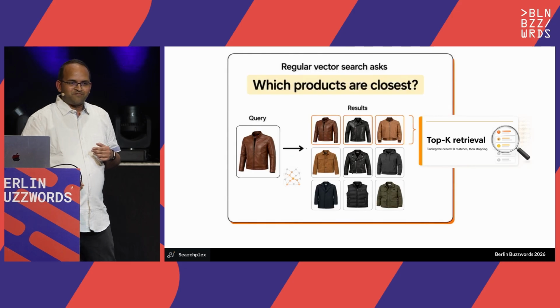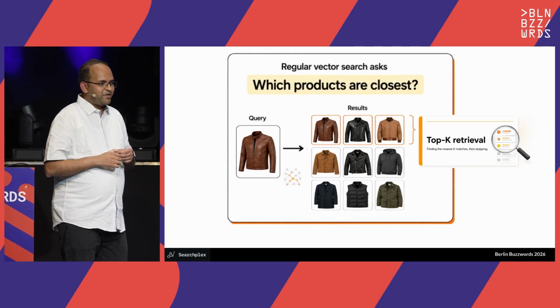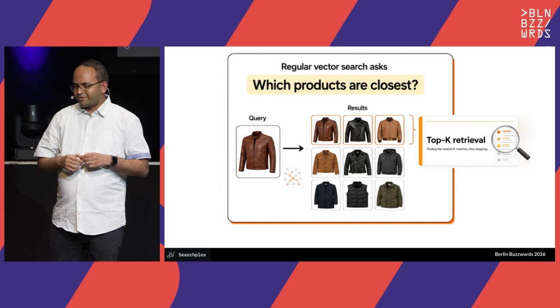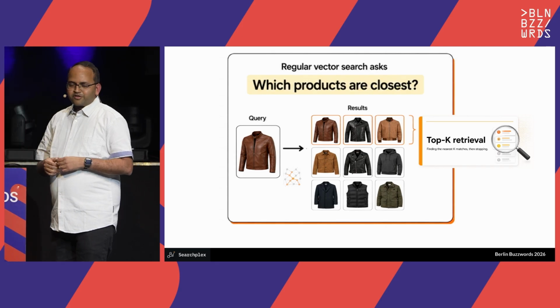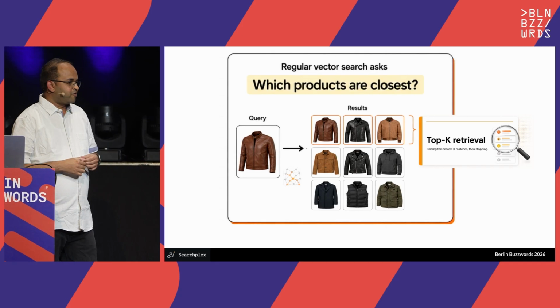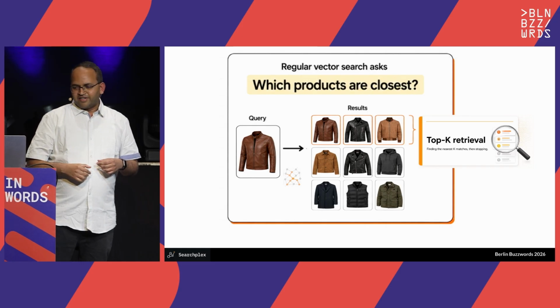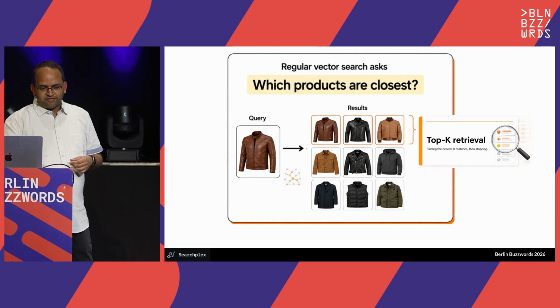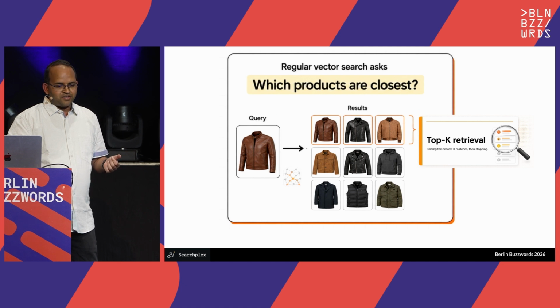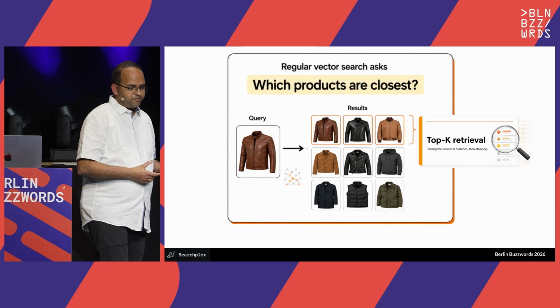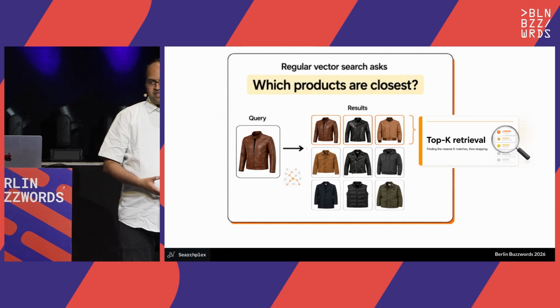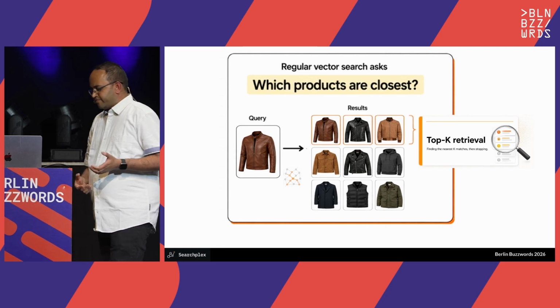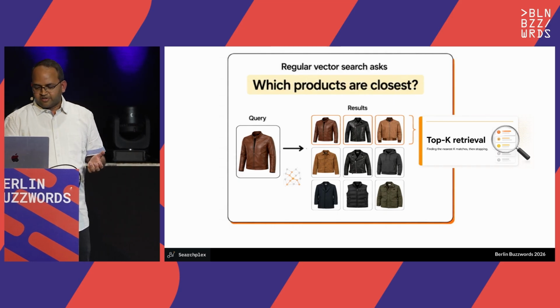Also, perhaps, at least this was my intuition when I started with it. I was like, this sounds like an image search, simple vector to vector cosine. And maybe if we want to do it at scale, we might want to use ANN and things like that. So let's call that top K retrieval, where you are searching with a vector across many vectors, and you want to find the closest nearest neighbor.